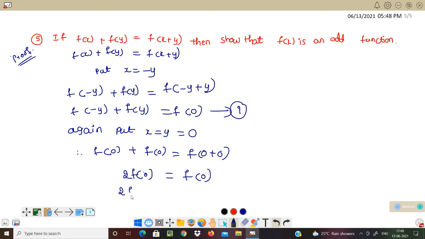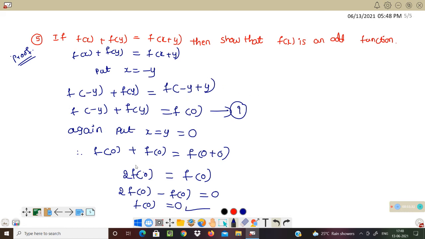See, 2f of 0 minus f of 0 is equal to 0. If you transfer it from RHS to LHS, it will become minus. So tell me the value of 2f of 0 minus f of 0, which means 1f of 0. That is nothing but 0. It means f of 0 value is 0.